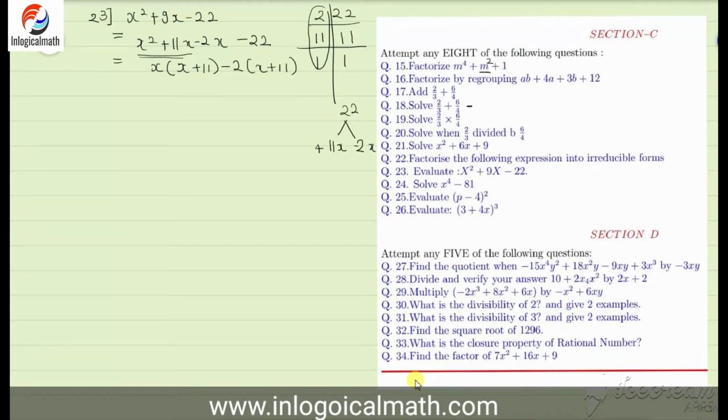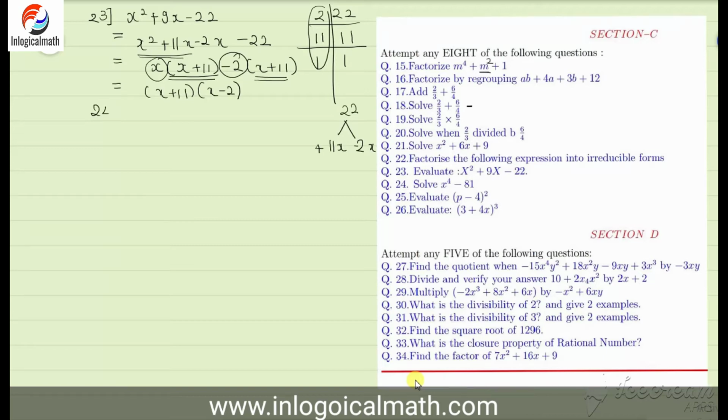Okay, so now what remains? Taking x plus 11 outside the bracket, what remains is x plus 11 and x minus 2. So the factors of x square plus 9x minus 22 are x plus 11 and x minus 2.